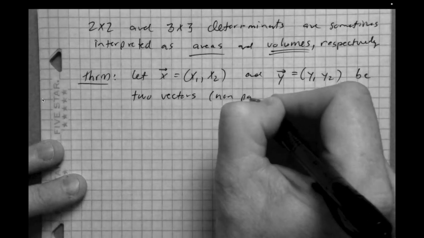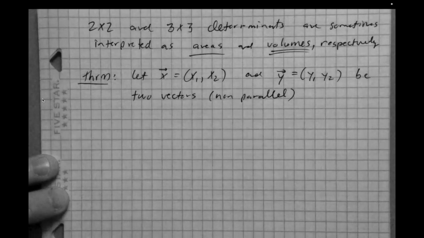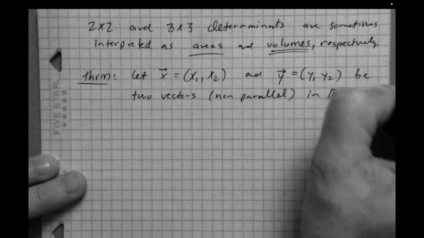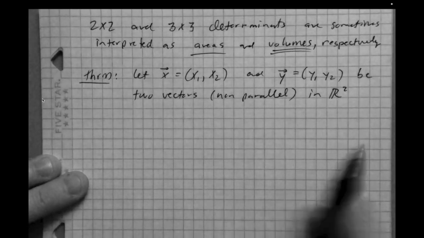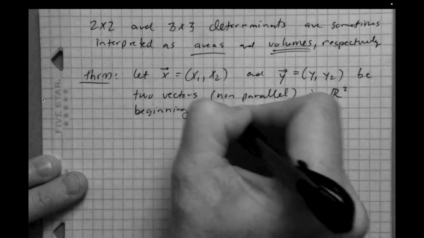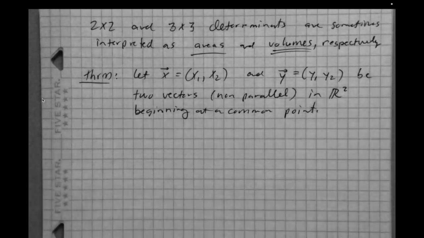I should put that, non-parallel, right? They can't be parallel, otherwise this doesn't work. So they're two vectors, non-parallel, in R2, naturally. And they need to begin at a common point.